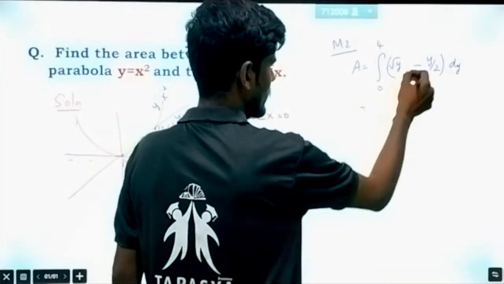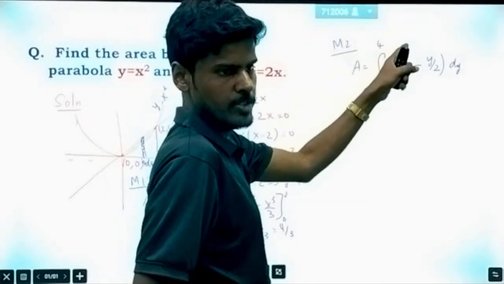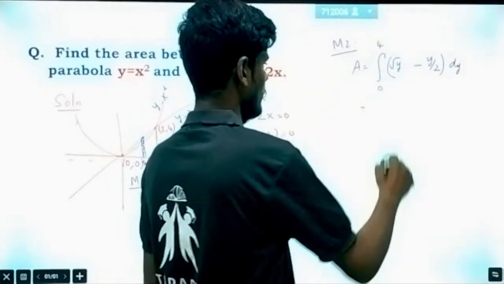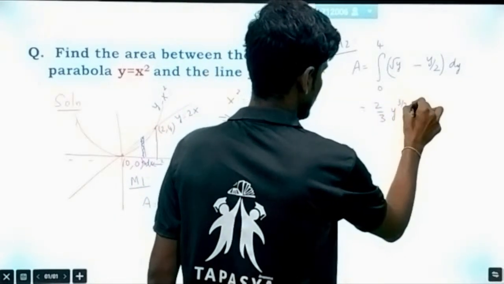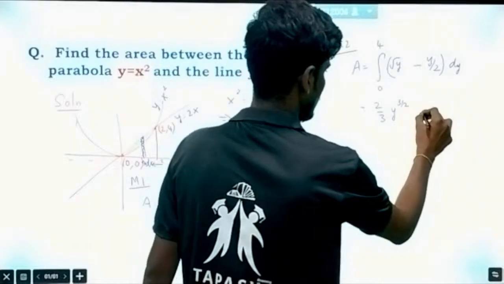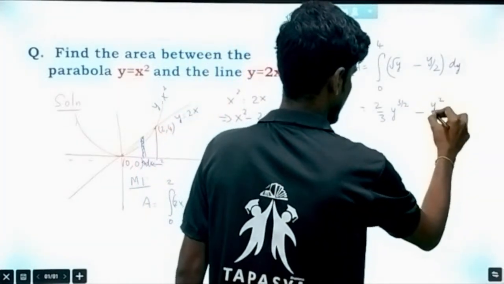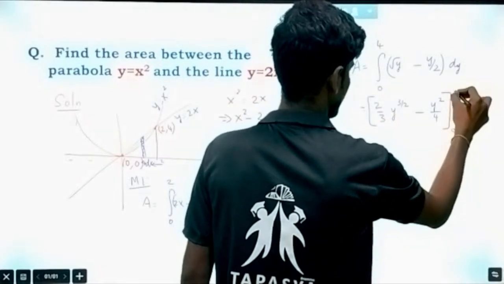Now this will be equal to, when we integrate y power 1 by 2, it will be y power 3 by 2 by 3 by 2, that will be 2 by 3 y power 3 by 2, minus the integration of y, which is y square by 2, so we will get y square by 4. Now the limit is between 0 to 4.